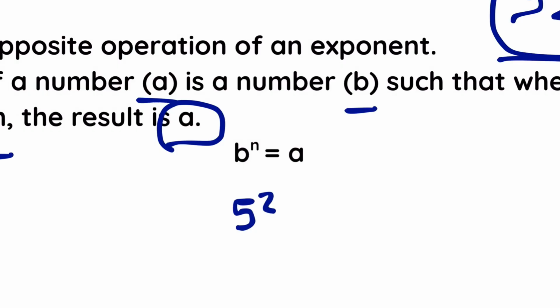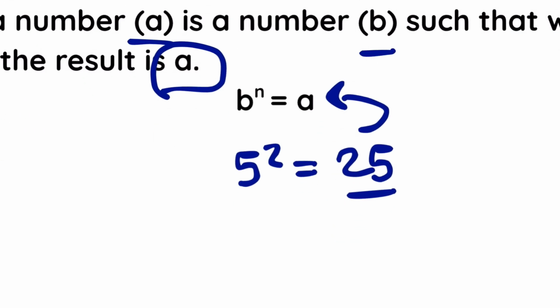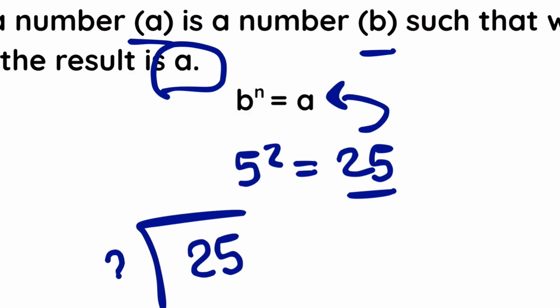So 5 to the power of 2 is equal to 25, which is our a. If I want to start this operation from 25, I would say that the square root of 25 is 5.